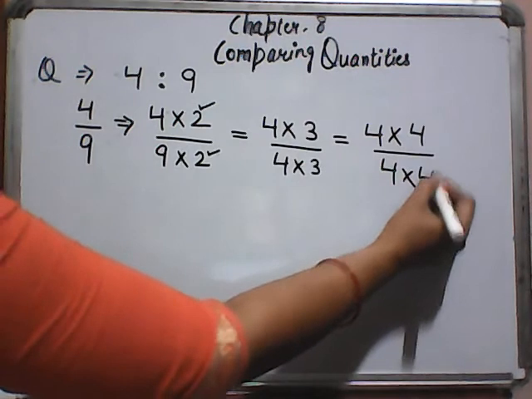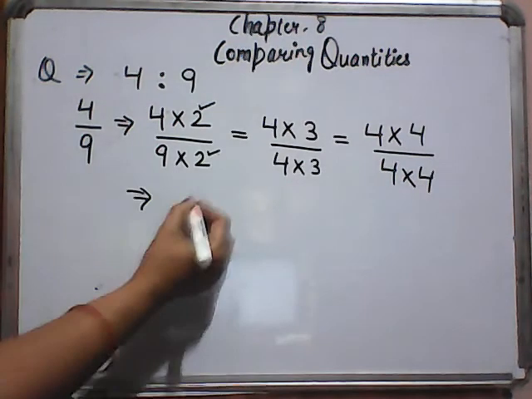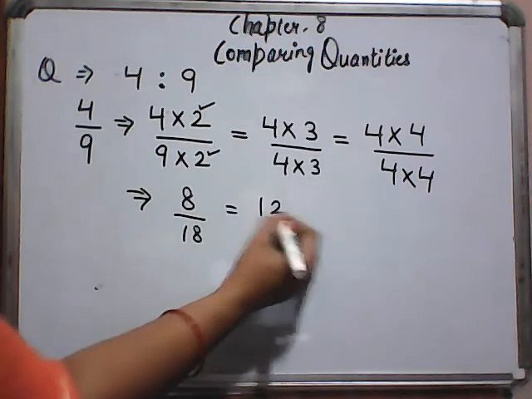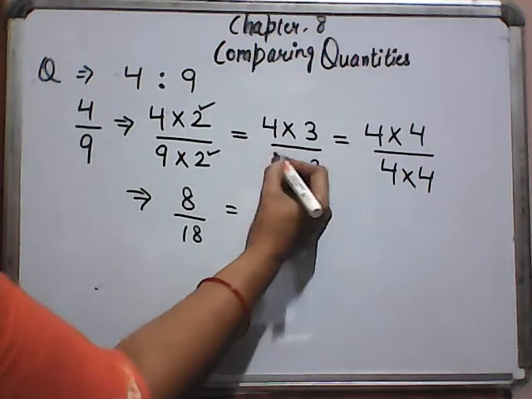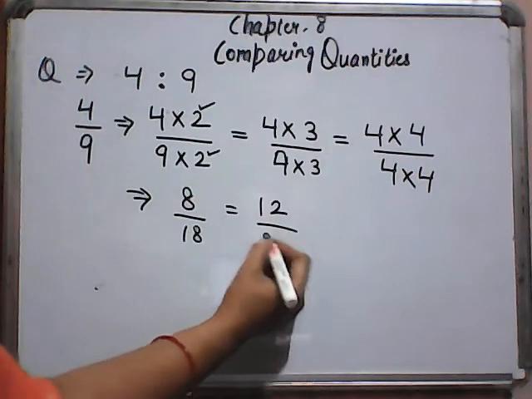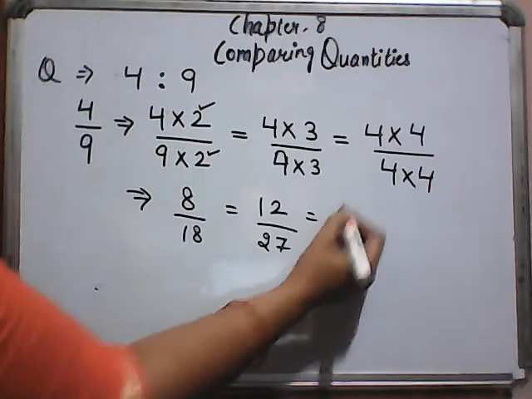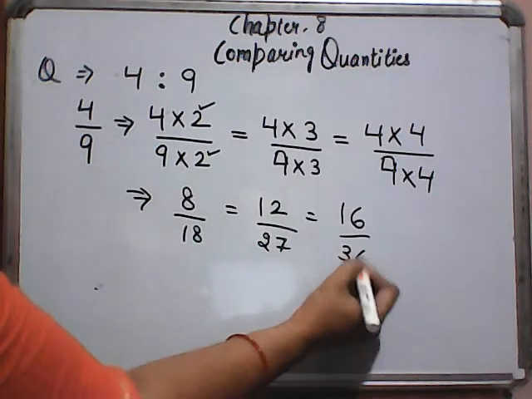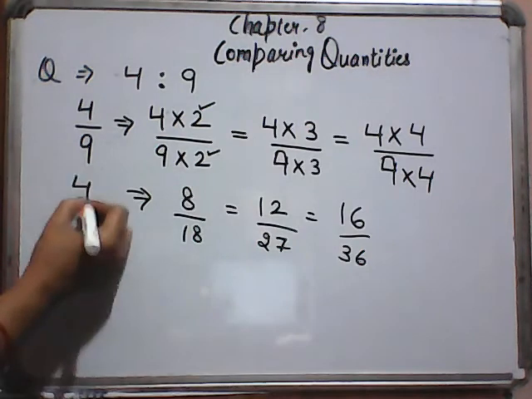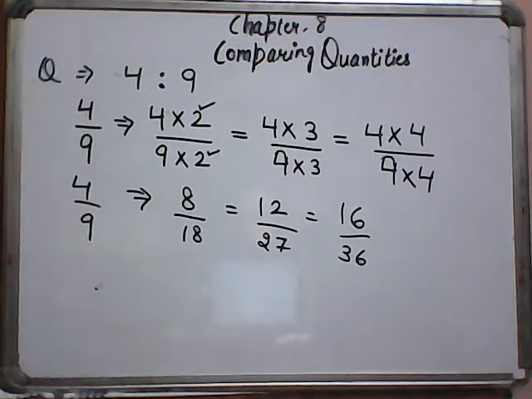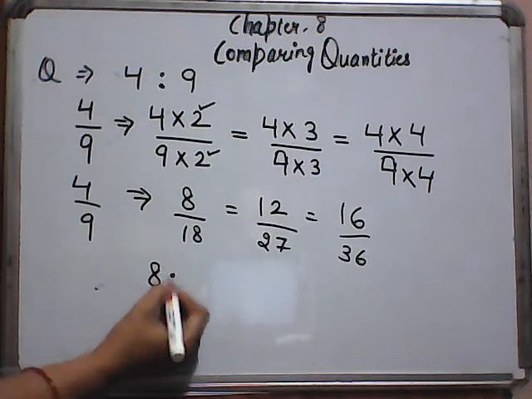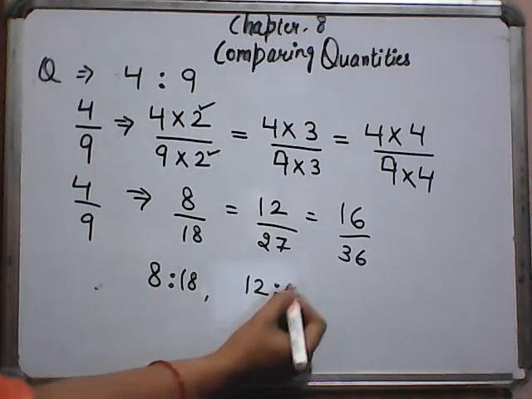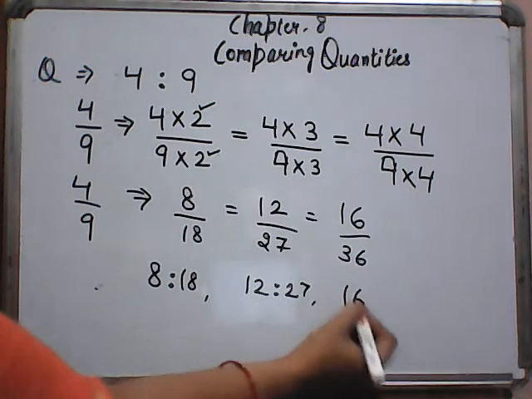In this way, we obtain 4 twos are 8, 9 twos are 18, 4 threes are 12, 9 threes are 27, 4 fours are 16 and 9 fours are 36. So, we can say for 4 divided by 9, 3 equivalent ratios are 8 ratio 18, 12 ratio 27 and 16 ratio 36.